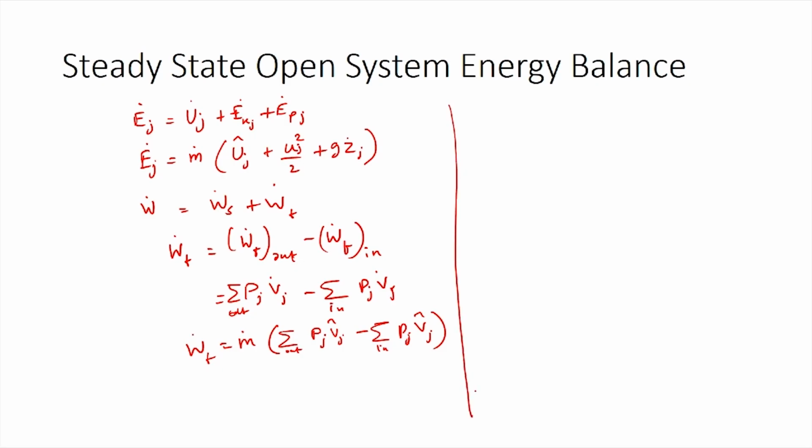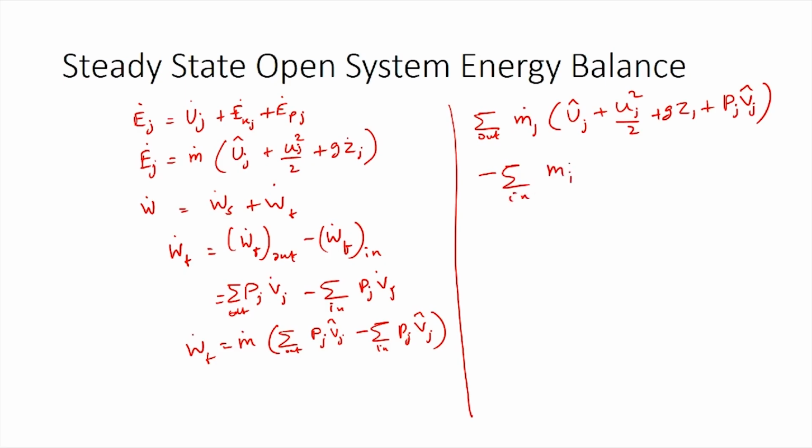Substituting these two into the equation we had earlier, we would get sigma output of mj dot times Uj cap plus Uj squared by 2 plus g zj plus Pj Vj cap, minus input of the same thing, mj dot times Uj cap plus Uj squared divided by 2 plus g zj plus Pj Vj cap.